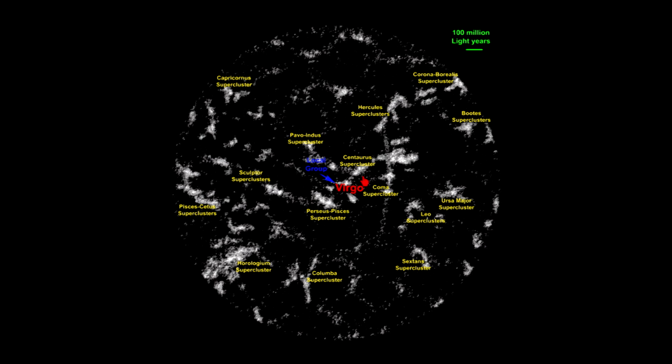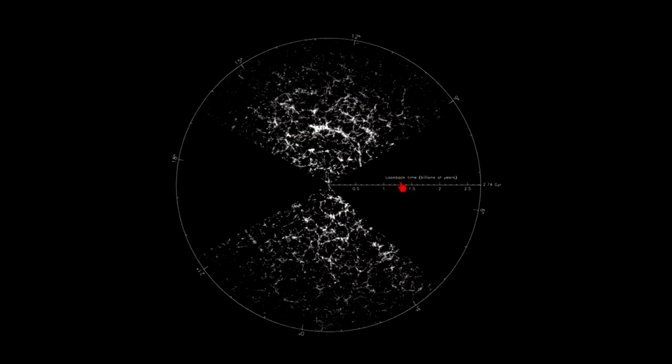Now, if we were to try to show you how we know this, it's a little complicated, but let me give you the idea here. This is an actual measured map of our universe, and the way that this works is that we have telescopes who are dedicated to measuring the distances and the locations of galaxies. So what happens is the astronomer will make measurements of galaxies that'll help him or her know the distance to the galaxy, and then they know where the galaxy is located in the sky.